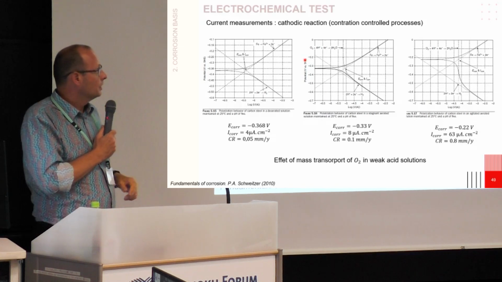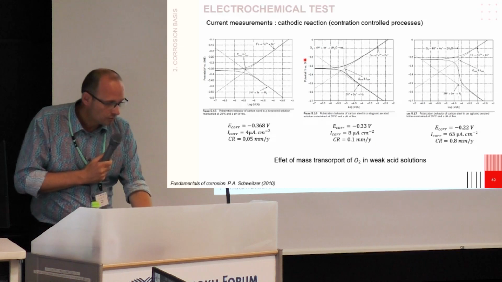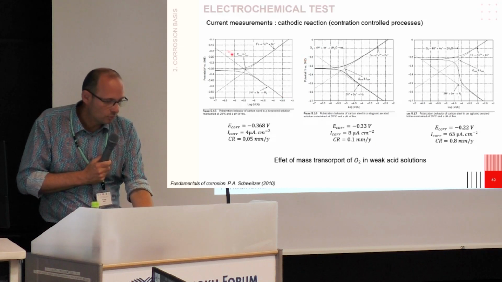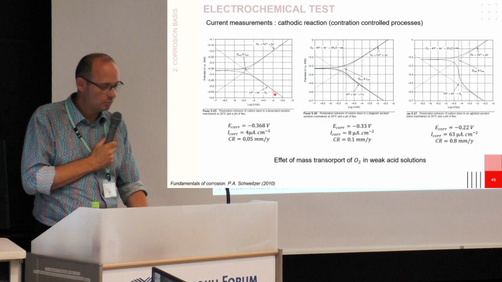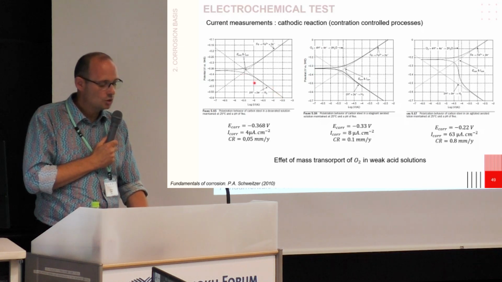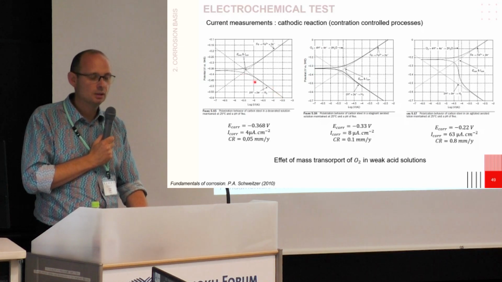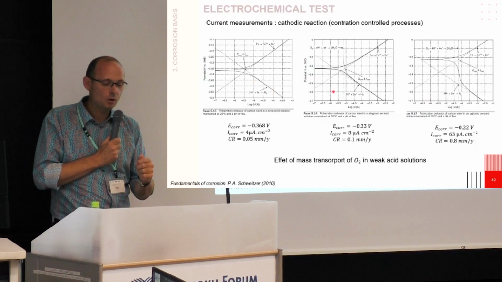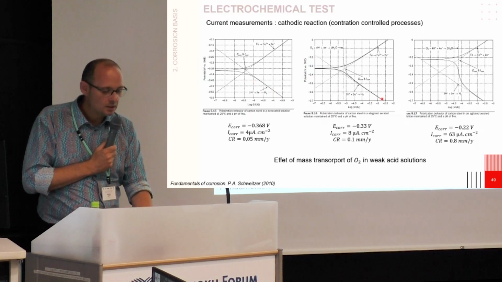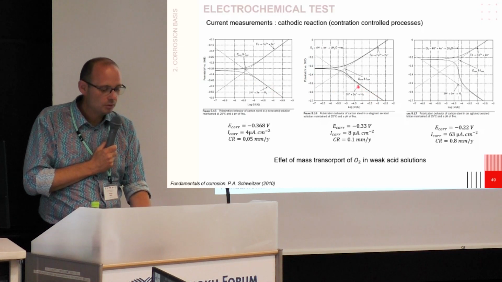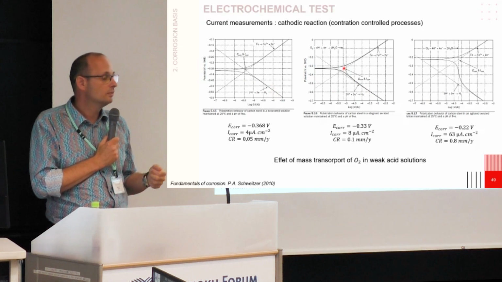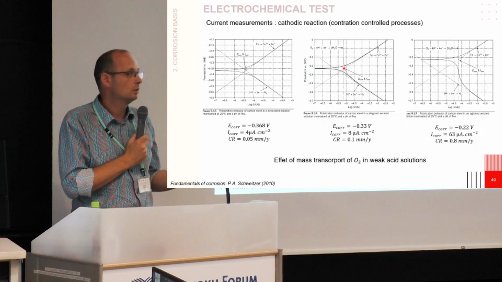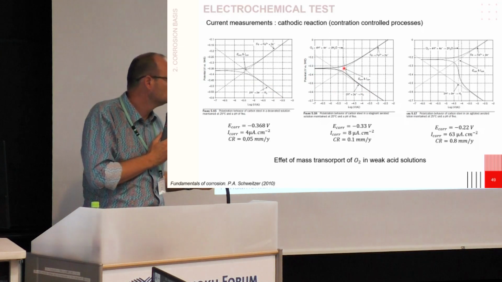This technique is also very important because I said previously that this slope was for hydrogen, but hydrogen is not alone in the solution. So here, for example, is the slope for hydrogen without oxygen in solution. Now, if I have oxygen in solution, I will see that the slope will change a bit because there is a contribution of the oxygen reaction in the solution, and the oxygen needs to move.